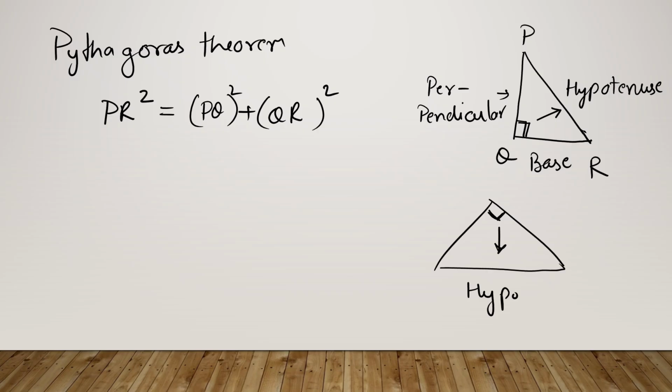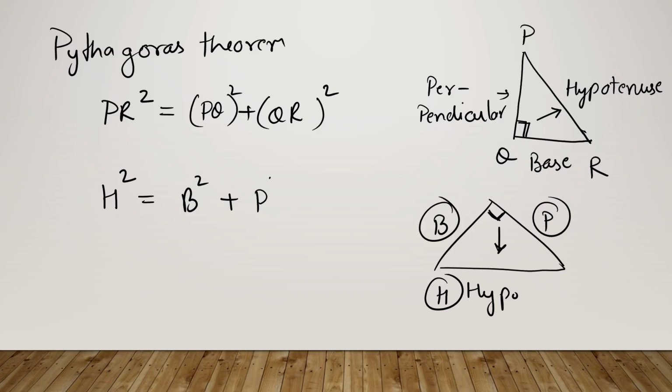Then we can consider either of the other sides as the base, like we can consider this as the base, and this side as the perpendicular. So now, if we want to write it in terms related to the right angle triangle, the square of the hypotenuse will be equal to the sum of the squares of the base and perpendicular.